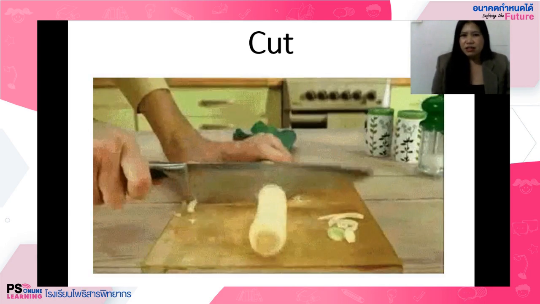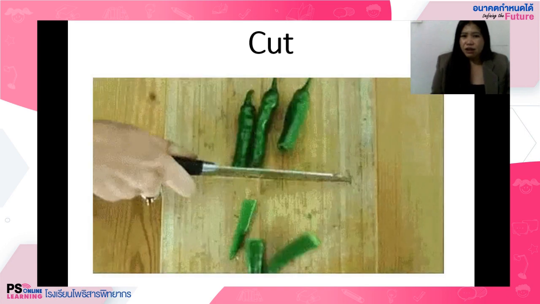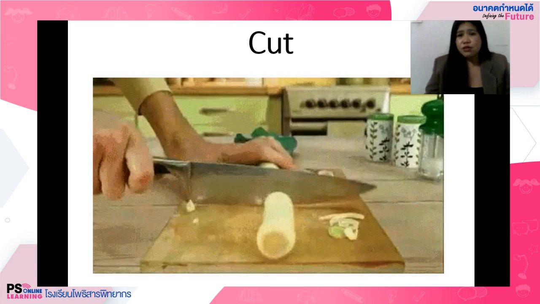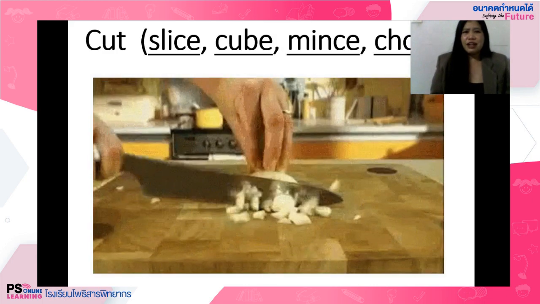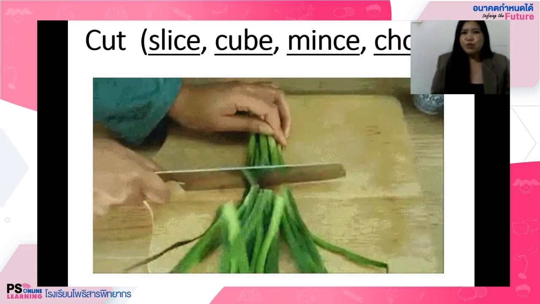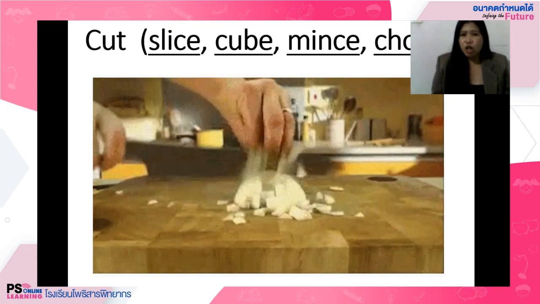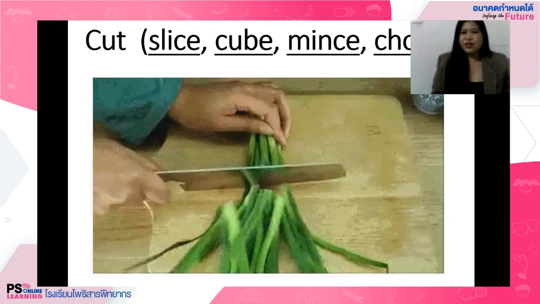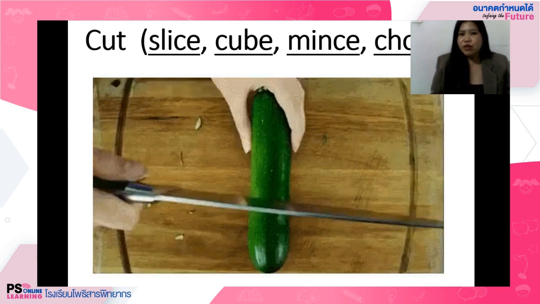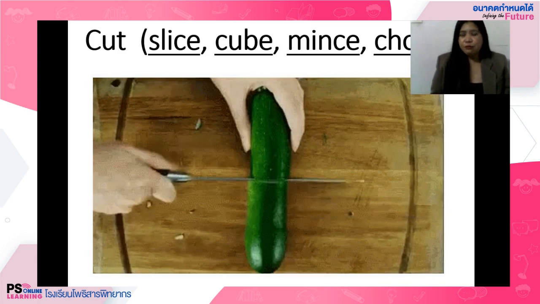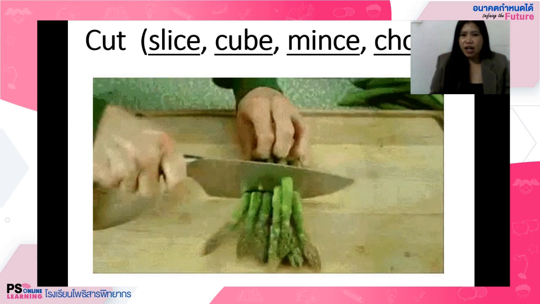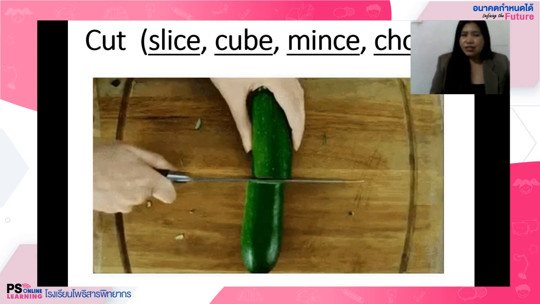If you say cut carrots, cut onions, I'm okay with that. But you can also use these words: you have cut, slice, cube, mince, chop. It's okay if you use them. If you know them, no problem. Very good. But if not, then use cut.